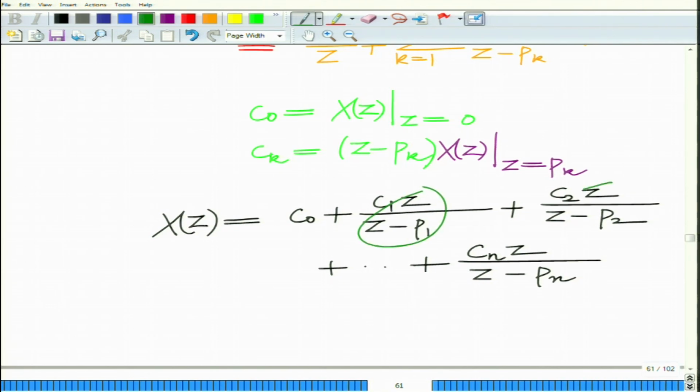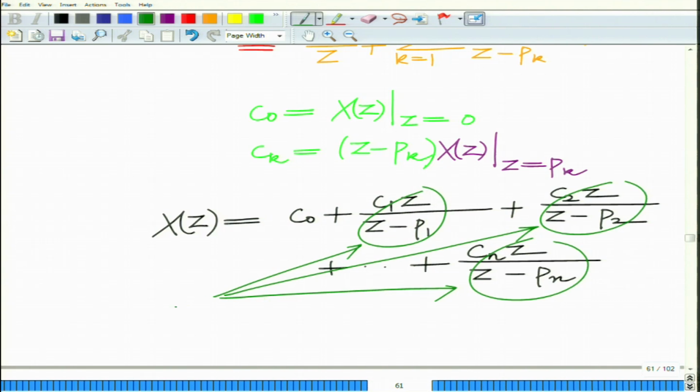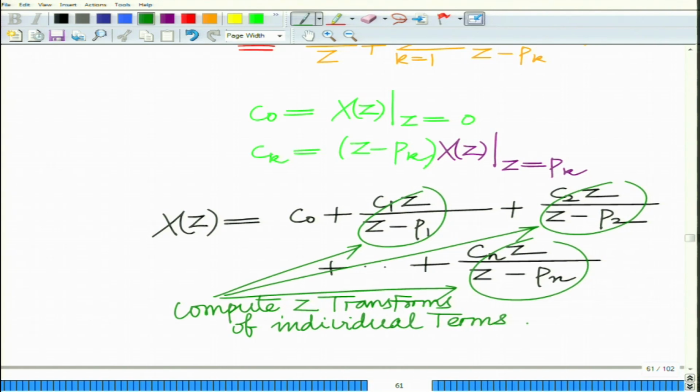So, compute the z transforms of the individual terms and then form their sum. That gives us the inverse z transform.